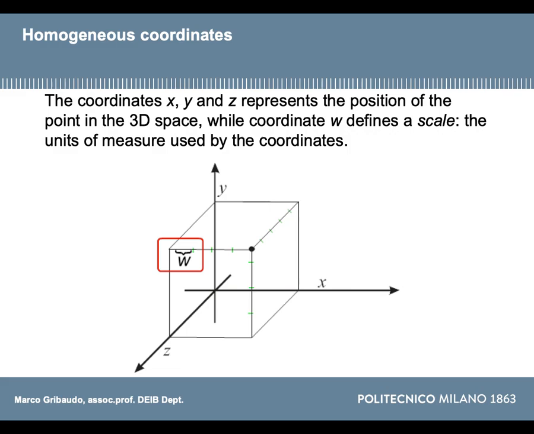It is something like saying the point is at 45, 36, 23 measured in inches. The point is at 0.1, 0.75, 0.24 measured in meters, and so on. So this 4th component represents some sort of scale, unit of measure, that the first 3 coordinates use to identify one point in space.